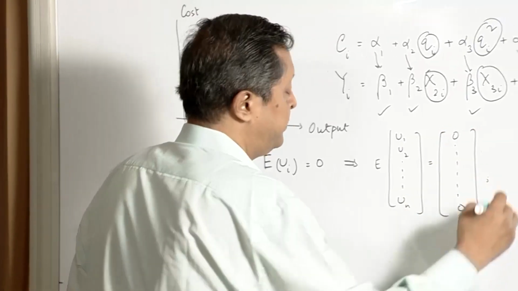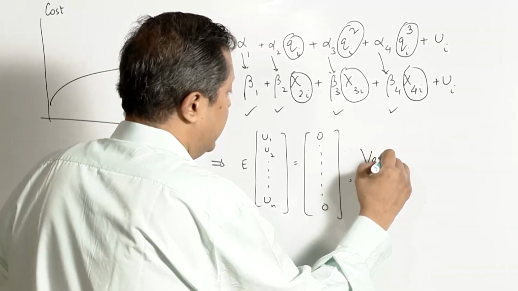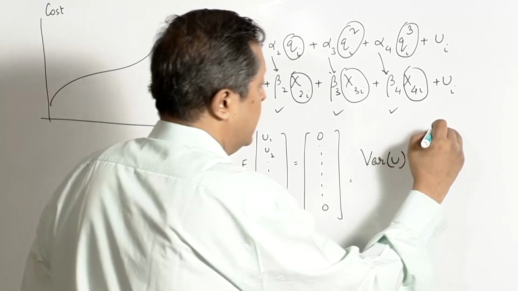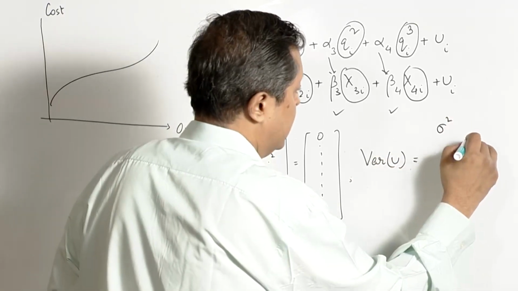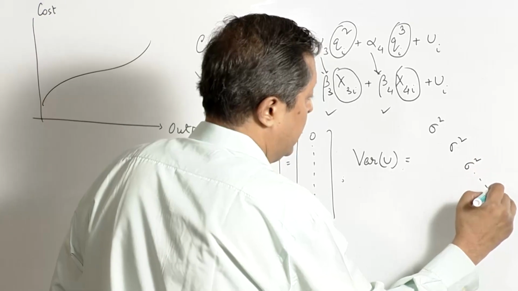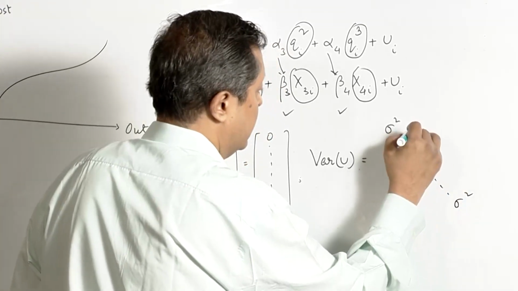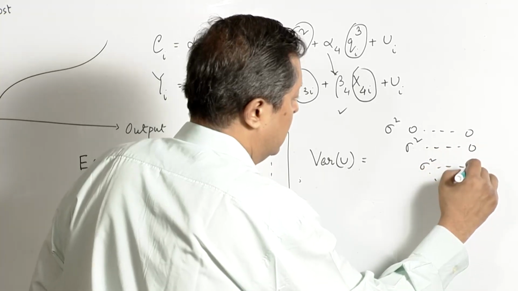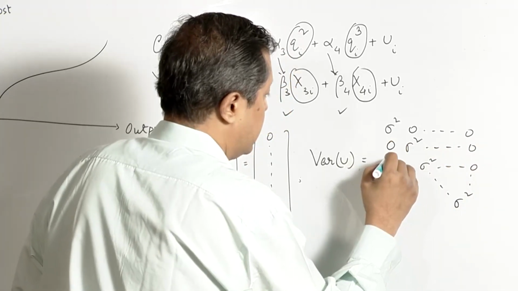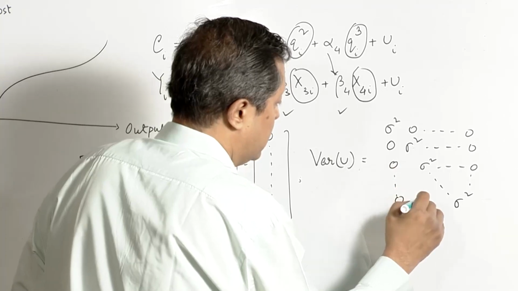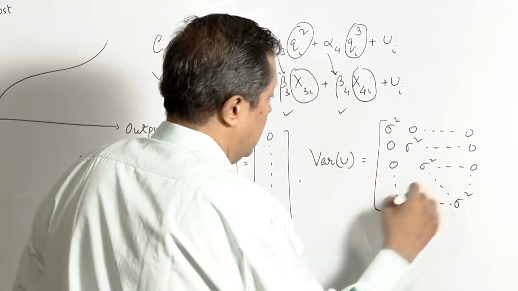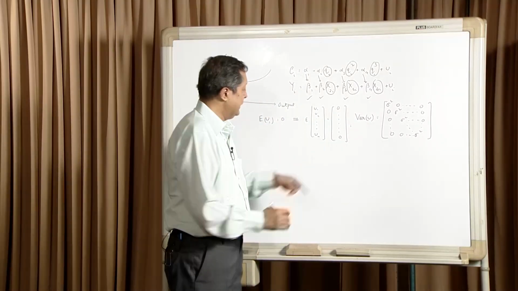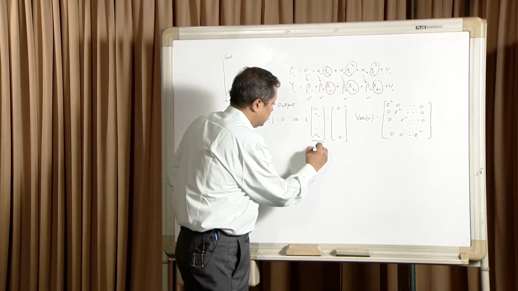Similarly, variance of u is sigma square, sigma square, sigma square, again sigma square, and these off diagonal terms are all 0. Let us try and understand what these off diagonal terms are. So, this u is this vector.